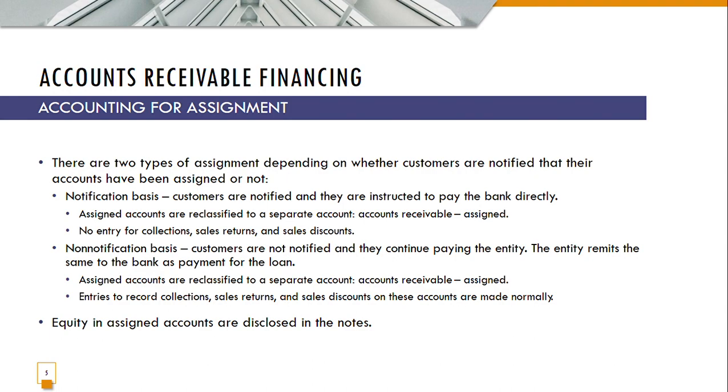Generally, there are two types of assignment, depending on whether the customers are notified that their accounts have been assigned or not. If they are notified and instructed to pay the bank directly, it's called an assignment on notification basis.